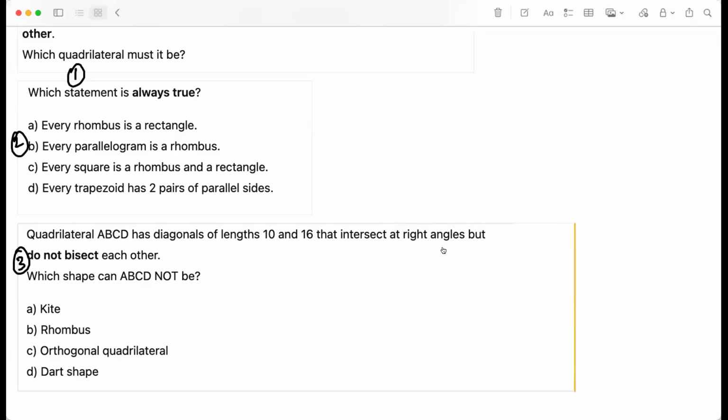Hold on. They are perpendicular diagonals. I feel that's incorrect. One second, guys, I'm checking on that.